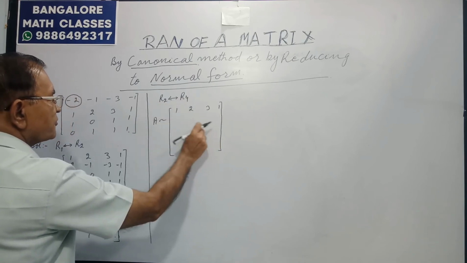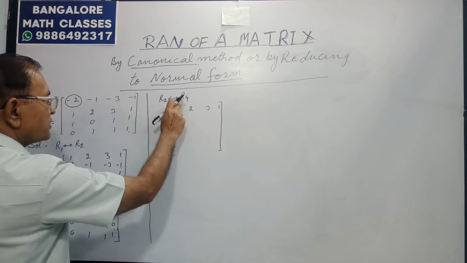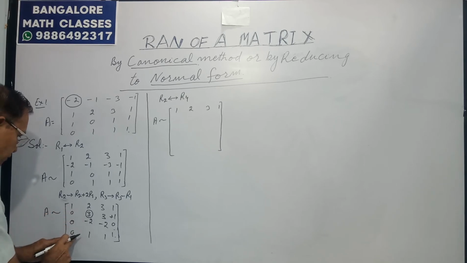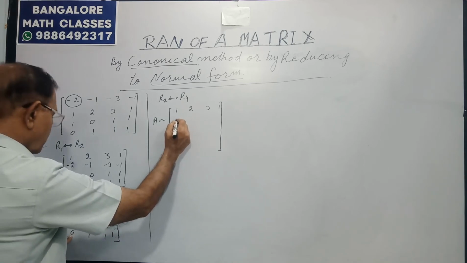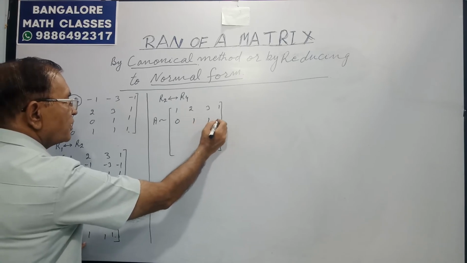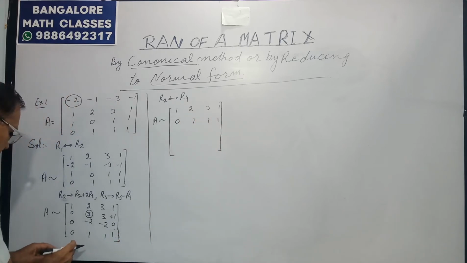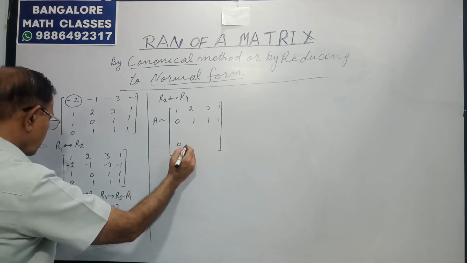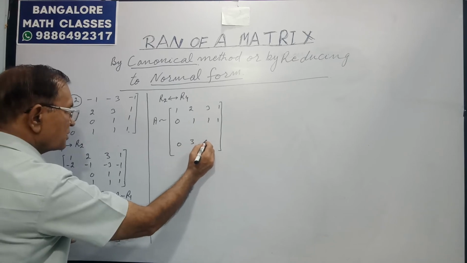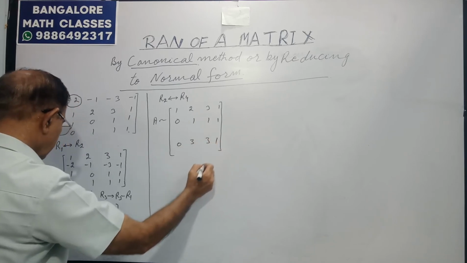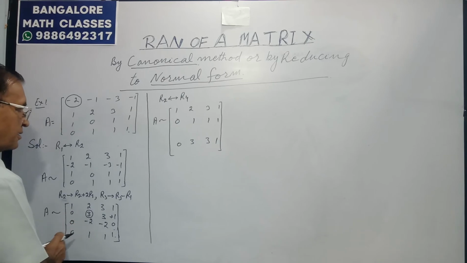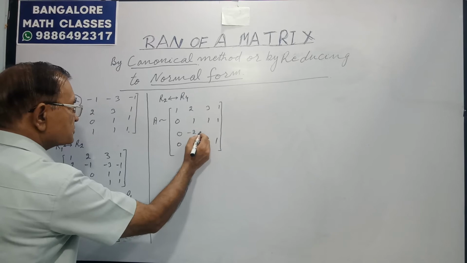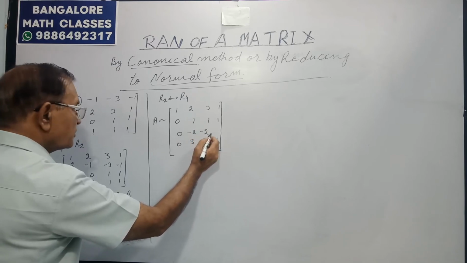Instead of R2 I want to put R4, that is 0, 1, 1, 1. Instead of R4 I want to put R2: 0, 3, 3, 1. And then the third row as it is: 0, -2, -2, 0.